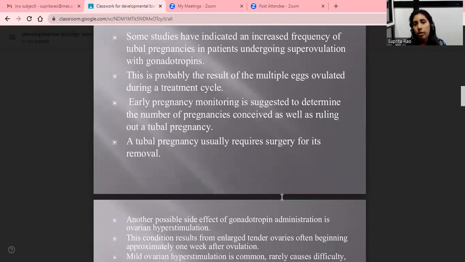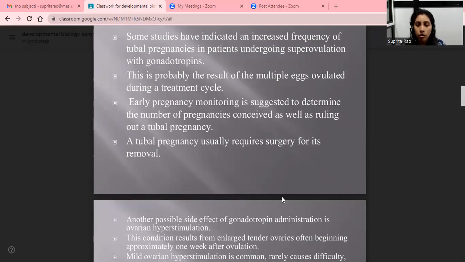Superovulation is only done after normal IVF conditions are tried, tested, and if it's still not working, then superovulation is taken up.